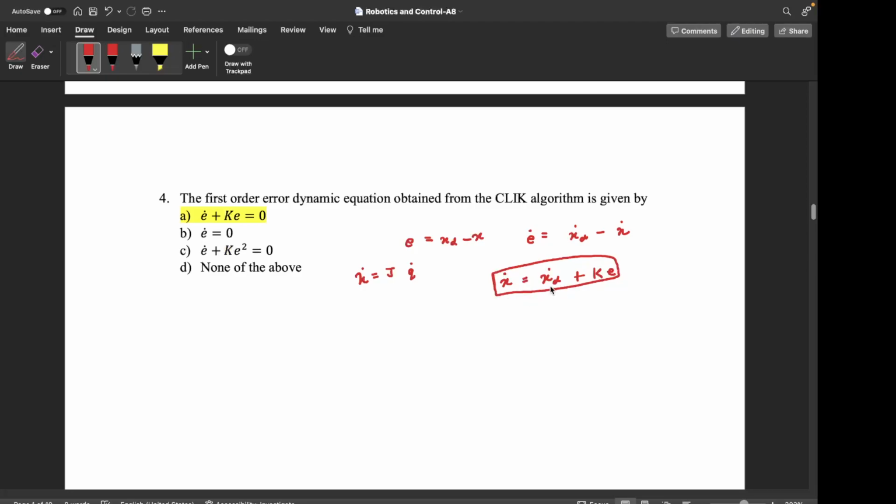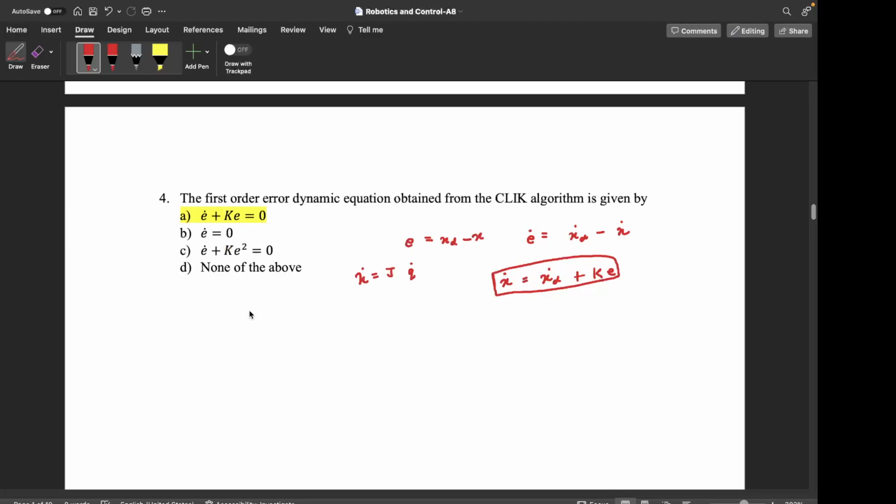Basically what are we doing? So the actual velocities, how are we computing that? We compute the desired velocities and we compute the current error in the positions, and we apply an appropriate feedback on that and we add it to the velocity term. So basically this is a proportional correction only. There is no D term here, this is only P control, right?